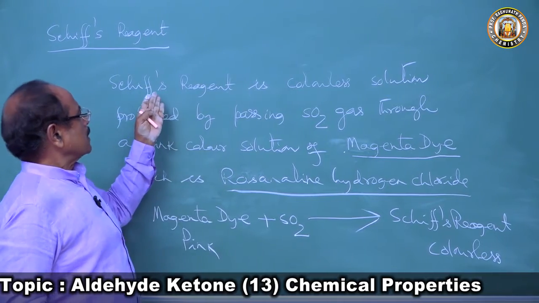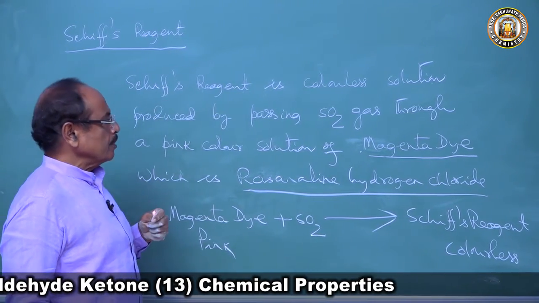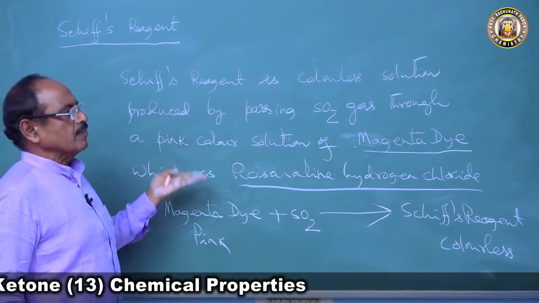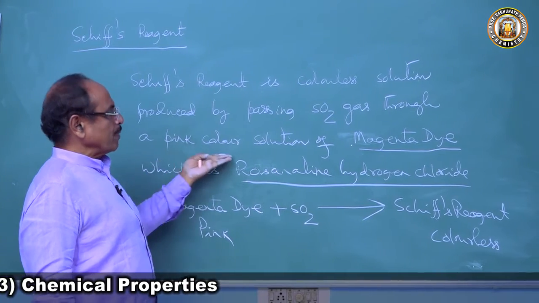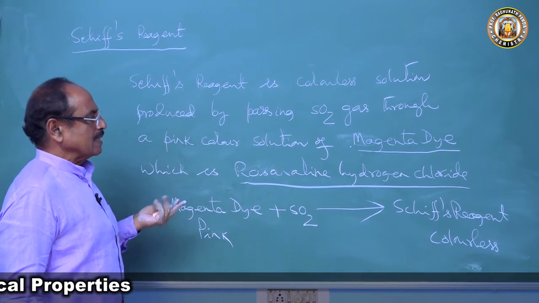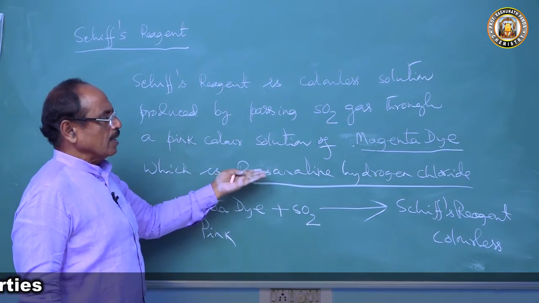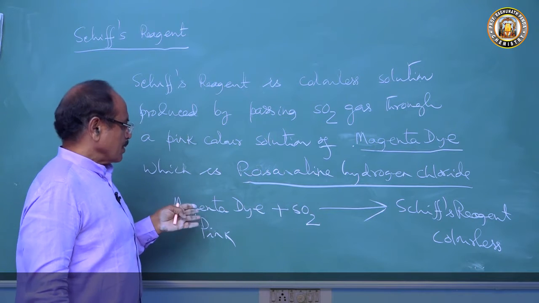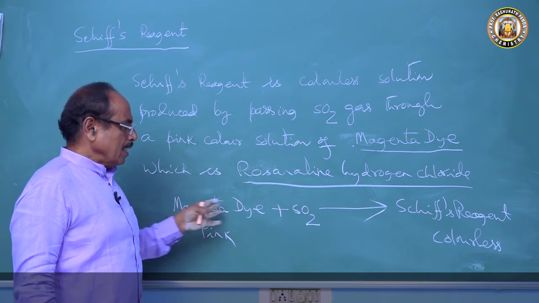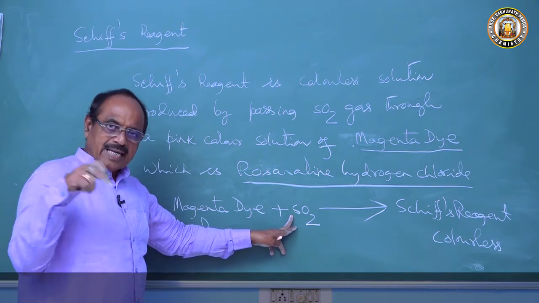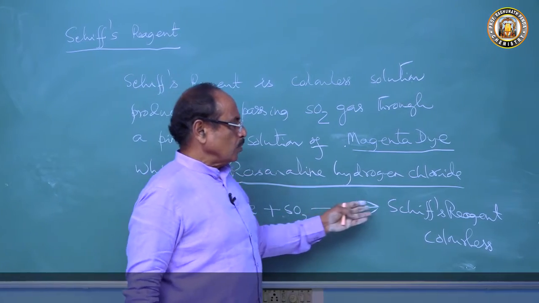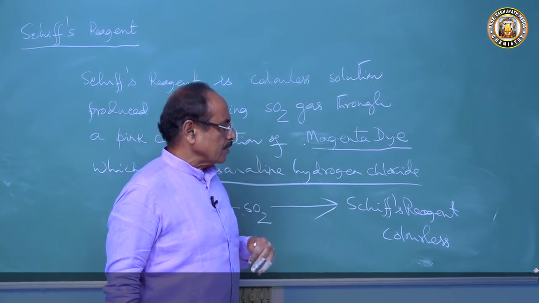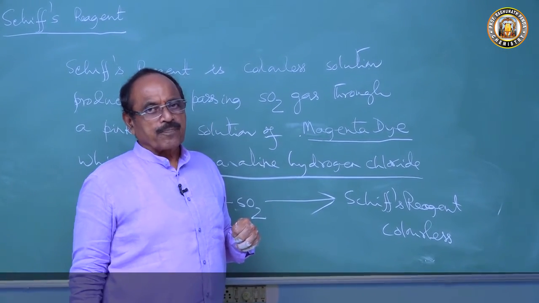Schiff's reagent is a colorless solution produced by passing sulfur dioxide gas through a pink color solution of magenta dye, which is rosaniline hydrogen chloride. So we take this magenta dye and pass sulfur dioxide gas through it, and it loses its color and becomes Schiff's reagent, a colorless solution.